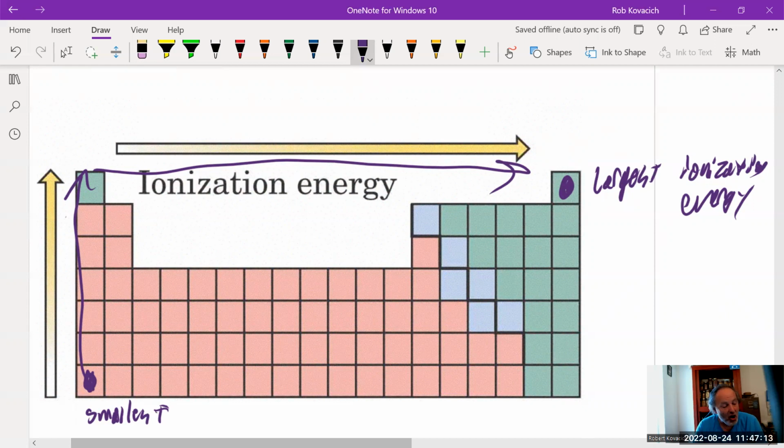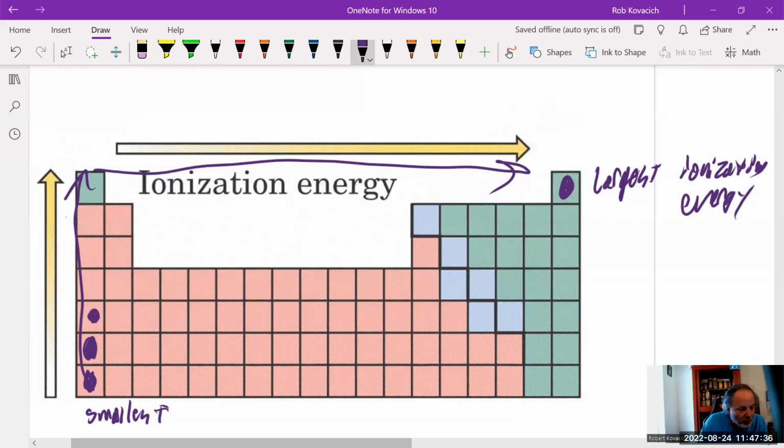Plus, there are 86 electrons in between the last electron and the nucleus, kind of blocking the positiveness of the nucleus. And as I go up, it takes a little bit more energy because now cesium's 55th electron is much closer to the nucleus than francium's 87th electron.